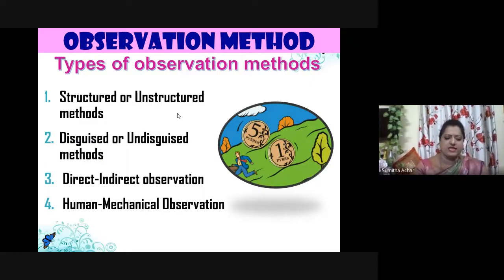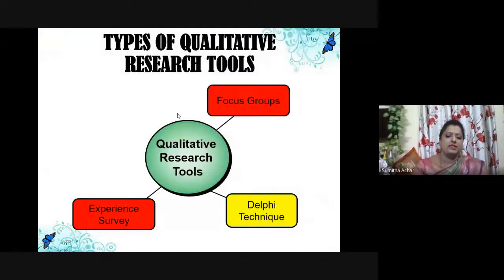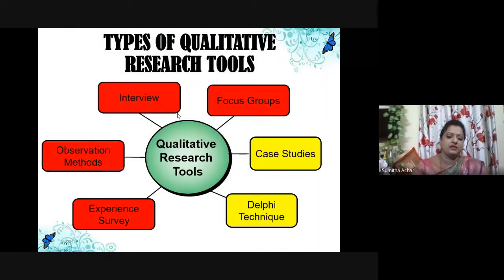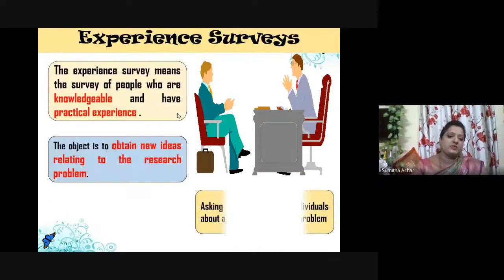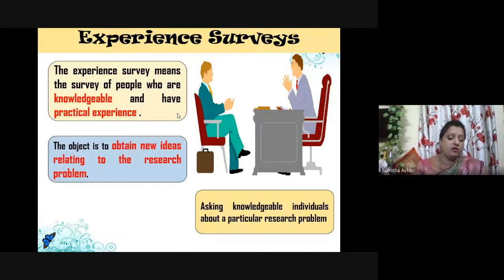They are self-explanatory. And the last methods that we have, okay, we have three more. First, the experience survey. Experience surveys are normally used when you want to redefine your research tool, or when you want to set your objectives and so on.